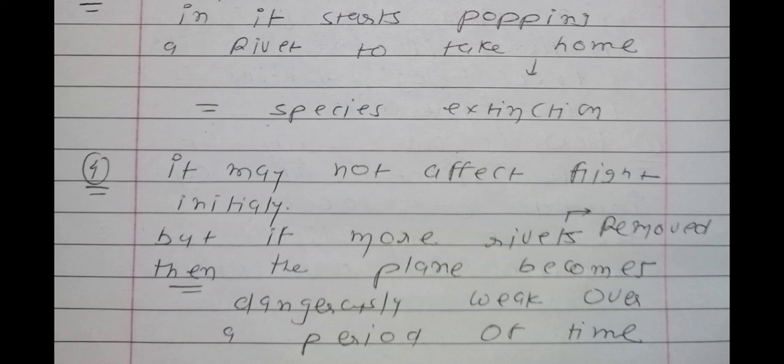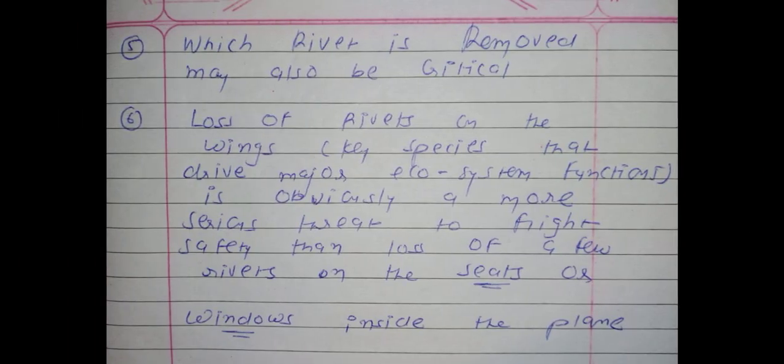If you take one rivet from the seat, it will not affect the flight initially, but if more rivets are removed, then the plane becomes dangerously weak over a period of time, okay. Now see the next point. Point number 5, which rivet is removed may also be critical.